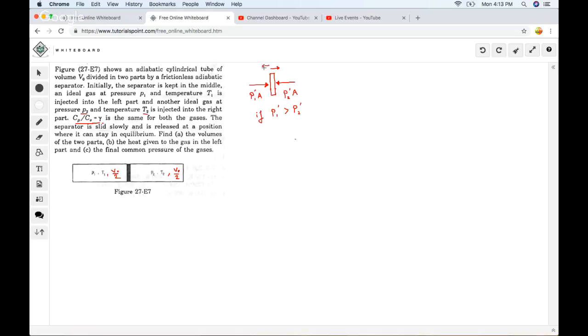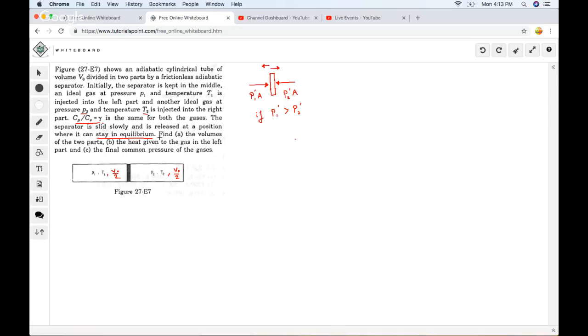So if it stays in equilibrium, as written here, it means that the pressure on both sides of the cylindrical tube will become equal. The initial pressure, temperature and volume are given, and the separator moves to a position where the pressure on both sides becomes equal. All right, so we need to find that pressure.